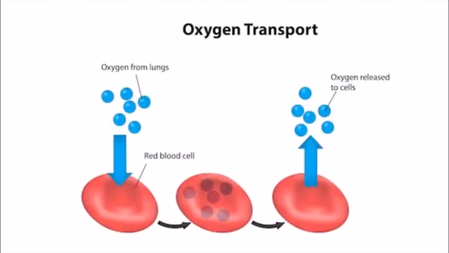To produce energy, foodstuff and oxygen need to be transported. This transport is done by the circulatory system. The foodstuff and oxygen are transported to the cell by our circulatory system, and from each life process, energy is produced.